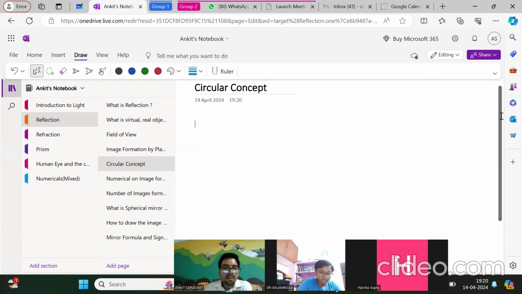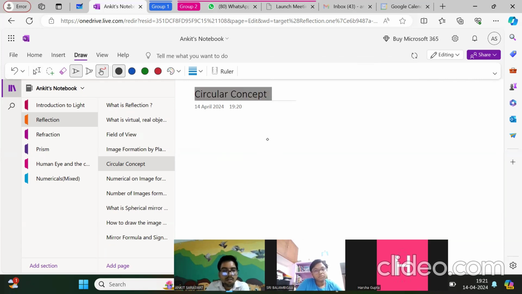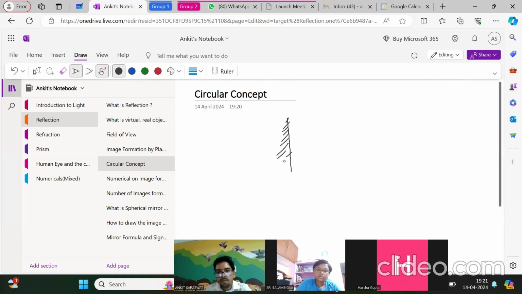Just now I have solved it. According to this concept, if I take one mirror like this, this is one mirror. Second mirror.